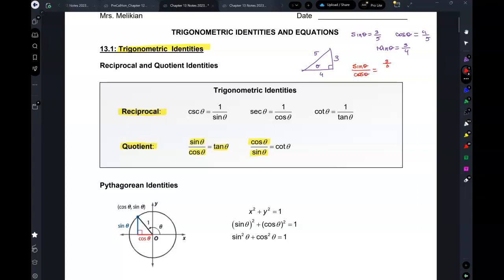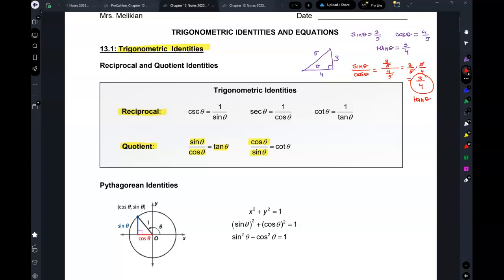Now, the identity says you can also do sine of theta divided by cosine of theta, which would be 3 over 5 divided by 4 over 5. So that's 3 over 5 times 5 over 4. Oh, I canceled the wrong things. The 5's cancel, and I get 3 over 4, which is the tangent of theta.